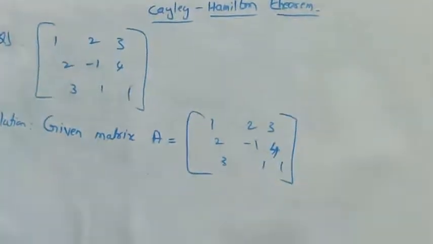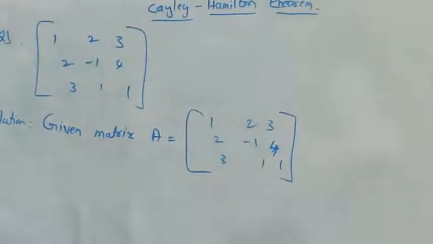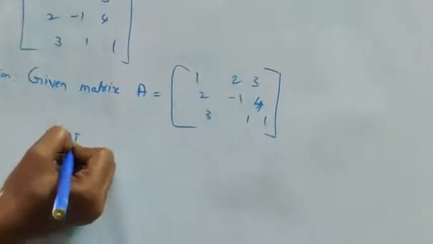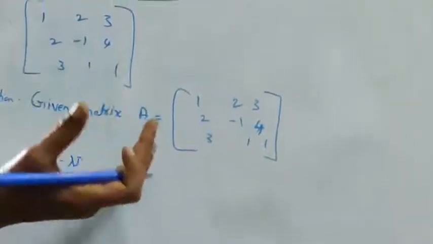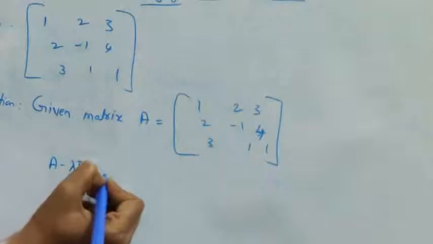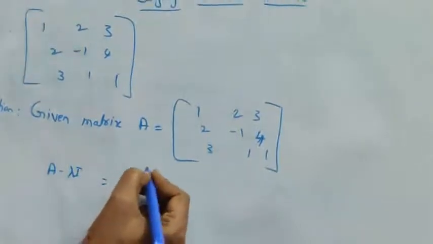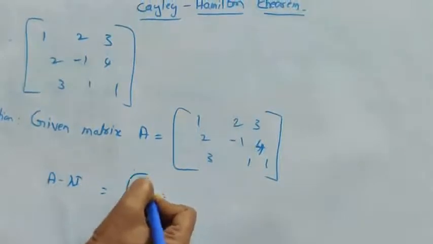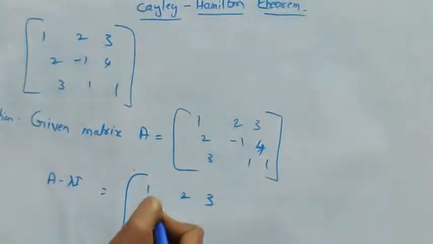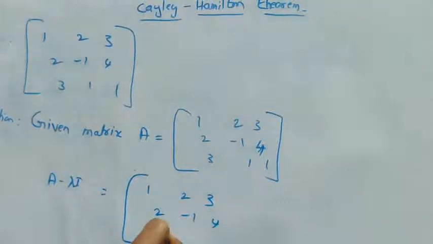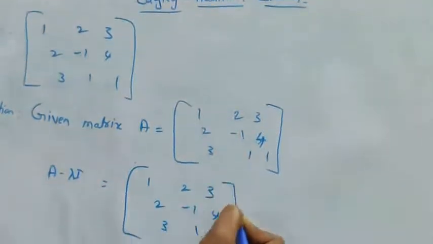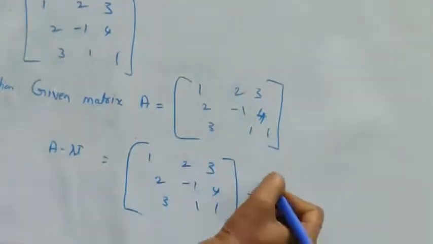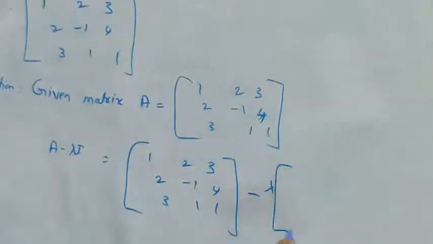Now, for this matrix, apply the condition A minus lambda I. That means for this also we consider the characteristic equation A minus lambda I. What is A here? You know the elements of the given matrix: 1, 2, 3, 2, -1, 4, 3, 1, 1. Minus lambda, which is a scalar; we don't know the lambda values.